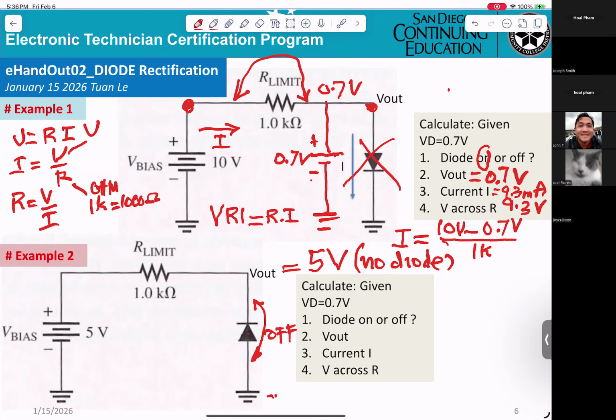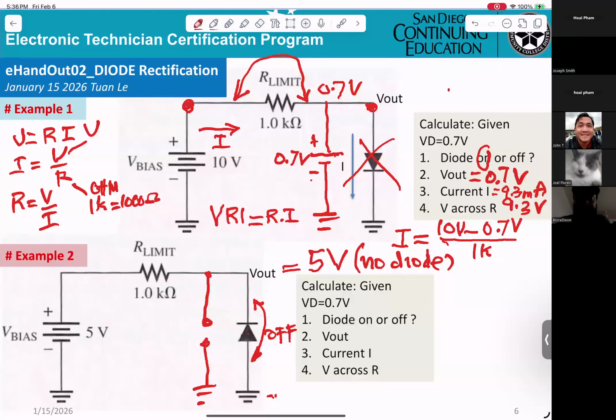Now, again, the first thing you have to come up with is diode on or off. If the diode is off, you substitute the diode by an open circuit.